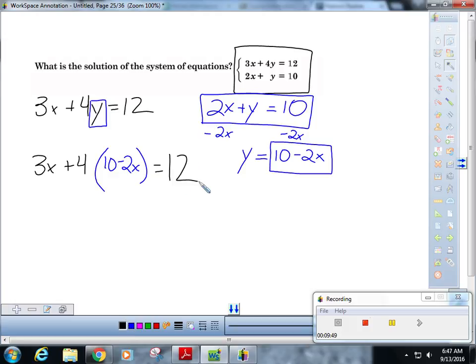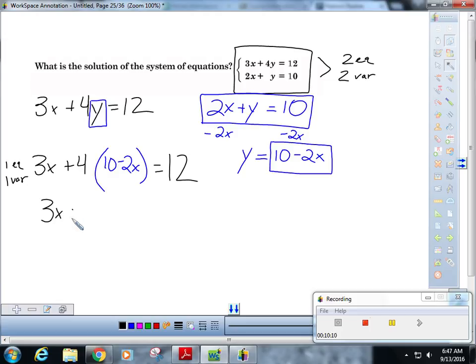Aha! That's why they call it the substitution method. Notice here, I had two equations, two variables, and now I have one equation, one variable, and that is the entire goal. Okay, now I can solve this thing.